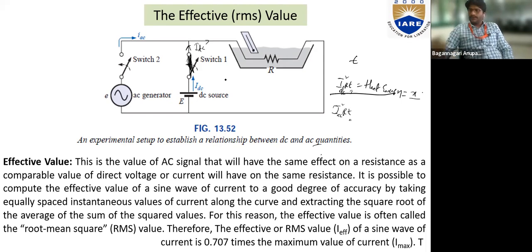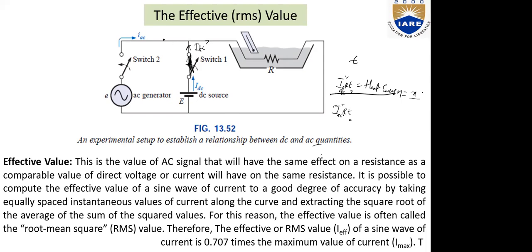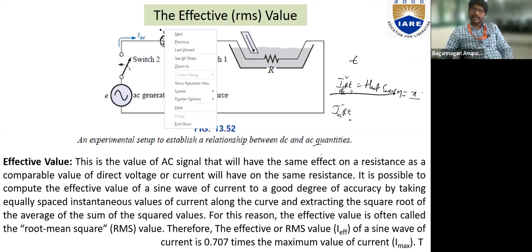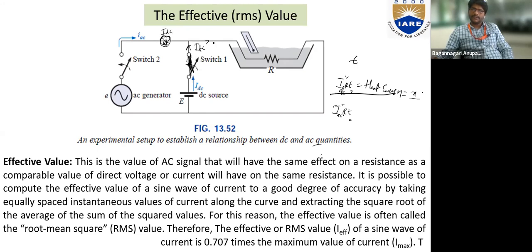What is the value of current that the ammeter has to measure here? The ammeter should measure the same value of current equal to IDC. Let me say that IDC is 5 amperes. The ammeter should also read 5 amperes when you feed AC.